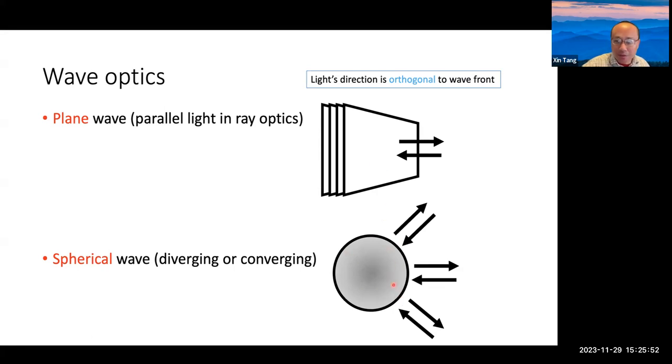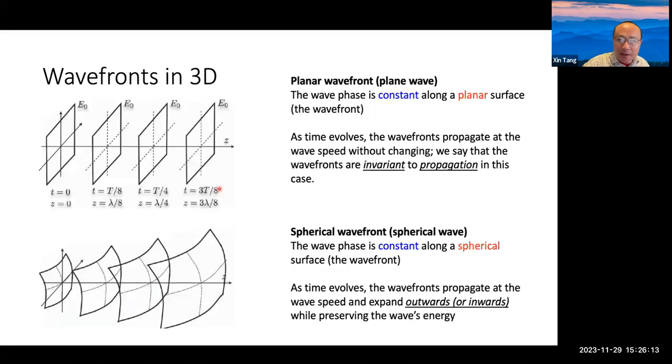Okay, so these 2 cases are the most conventional, most common light wave propagation cases. Any complicated optical design can be conceptualized as many combinations of those 2 cases. Here are more figures and descriptions of these 2 cases.